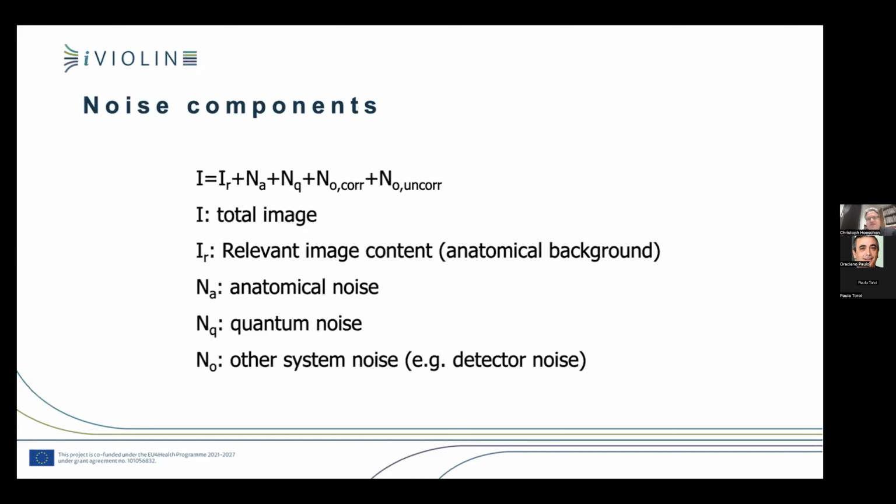The next part is the quantum noise, and we already talked about that. That comes out of the way we produce the image, how much dose we give, how many photons we allow the system to detect. And then we have other system noise, which is, for example, the detector noise, and that typically has a part that is correlated and an uncorrelated part. And we call all these last three, the quantum noise plus the other system noise, the correlated and uncorrelated one, the so-called system noise.